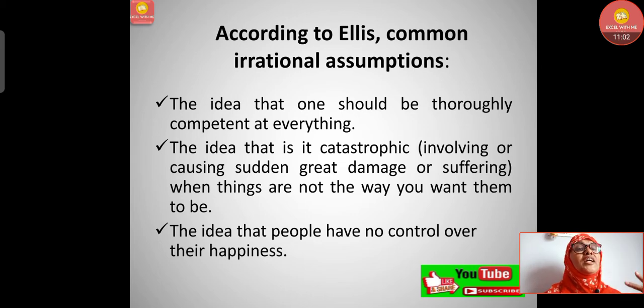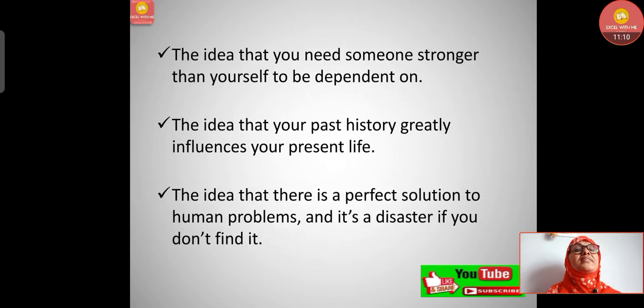Then the idea that people have no control over their happiness. People used to think that we will not have any control over our happiness. The idea that you need someone stronger than yourself to depend on. This is also one of the assumptions.